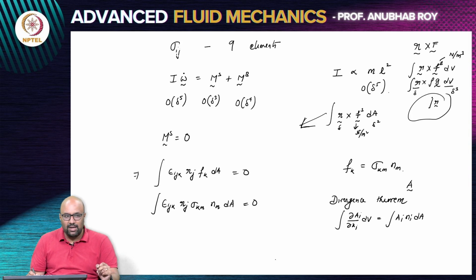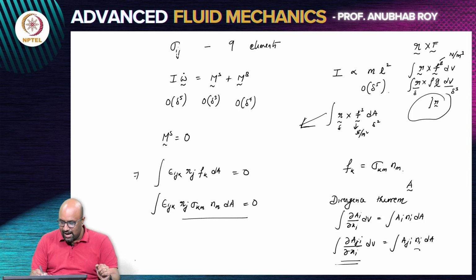Now instead of this being a vector, it could also be a tensorial quantity, which means dou aji dou xi dV is going to be aji ni dA. So the divergence theorem can be applied to any order tensor that you want. The idea is that when you have the gradient in a particular direction, you replace it with the corresponding unit normal.